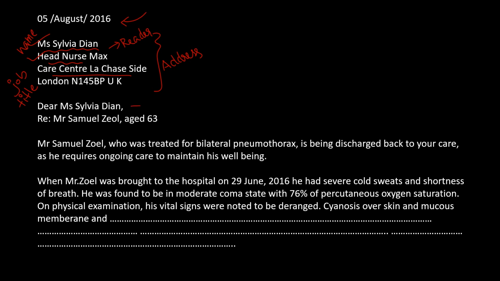So you can see this part is what we call the salutation. This is addressing the reader. So how did I begin? It's polite, and one of the best ways to start your letter is by using the word "dear." And because I clearly know who my recipient is, I mention her name. So "Dear Miss Sylvia Dine."